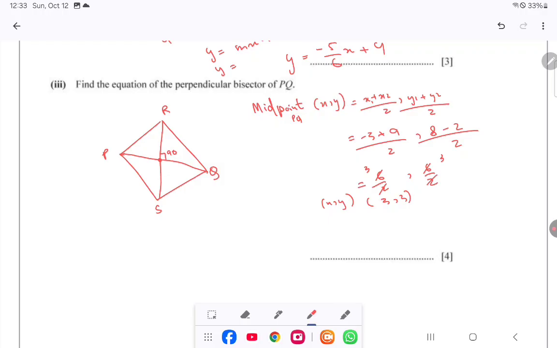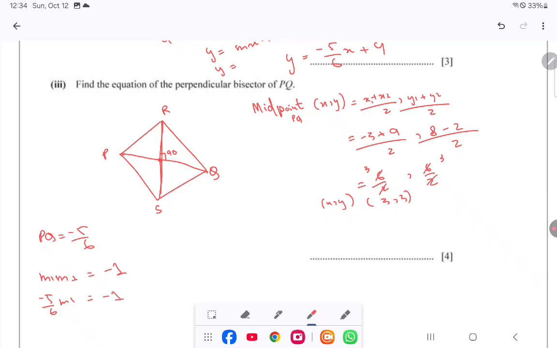Now we have to calculate the slope. PQ slope is, we just calculated, negative of 5 over 6, and the perpendicular bisector RS is perpendicular, so apply the perpendicular slope equation. M1 we already know, negative of 5 over 6.